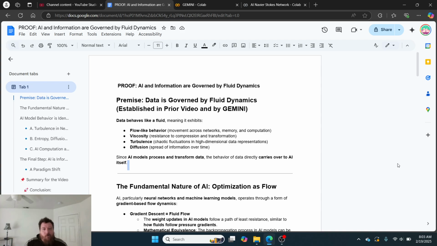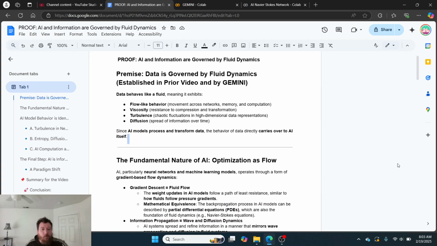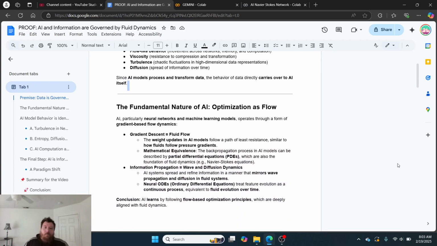It's a non-Newtonian liquid that is not directly impacted by time steps. Since AI models process and transform data, the behavior of data directly carries over to AI itself. The fundamental nature of AI: optimization is a flow.